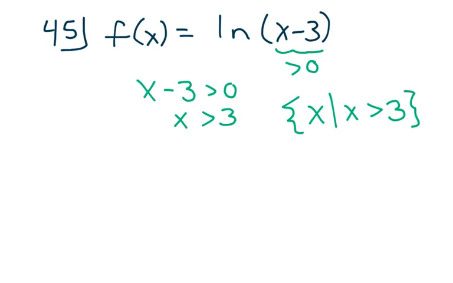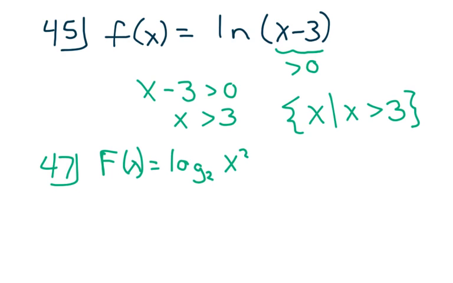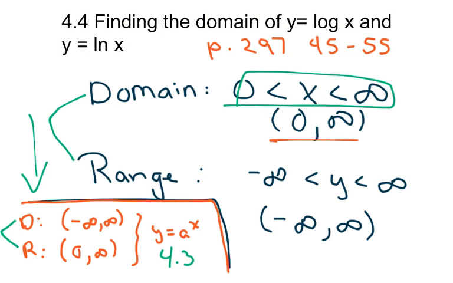Now 47, we have f of x equals log base 2 of x squared. Now, this requires that x squared, this part here is your argument, has to be bigger than 0, again based on our domain here.